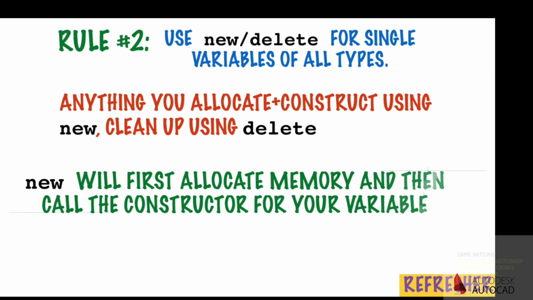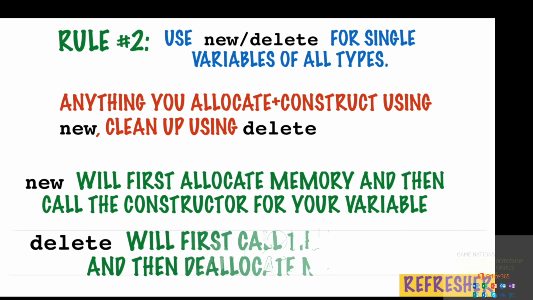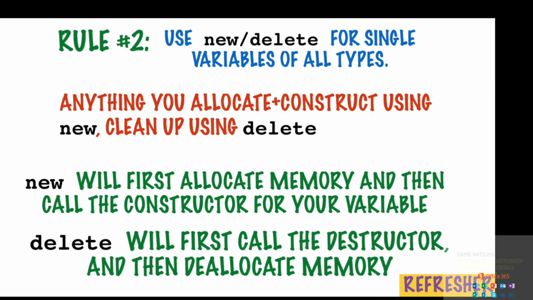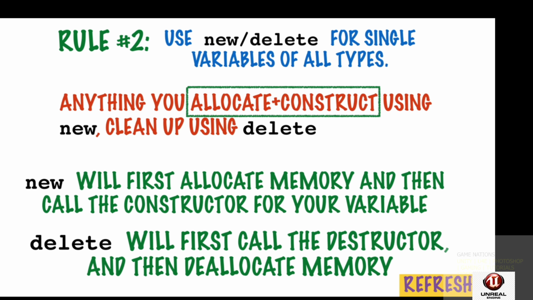New first allocates the memory and then calls the constructor for your variable. That means the memory for ComplexNumber is first allocated and then the constructor is called. We also saw an example of this running code. Delete will first call the destructor and then deallocate memory for that variable.